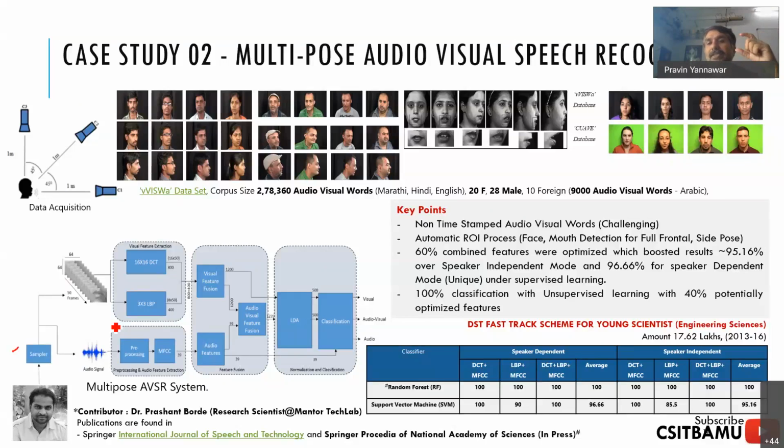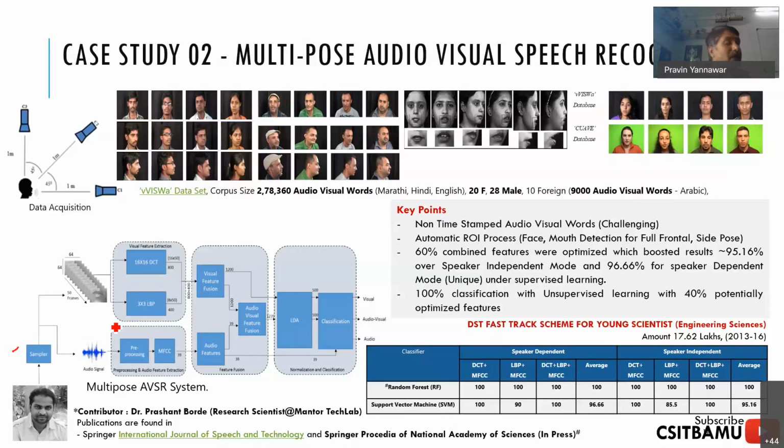Face components means where are my eyes, where is the nose, and where is the mouth. So you need to go to the mouth section directly. For full frontal it is easy, but for a 45-degree face it is really very crucial, because some portion of the face is not available, some portion is available. So it becomes critical.